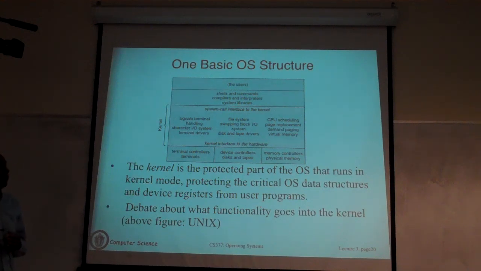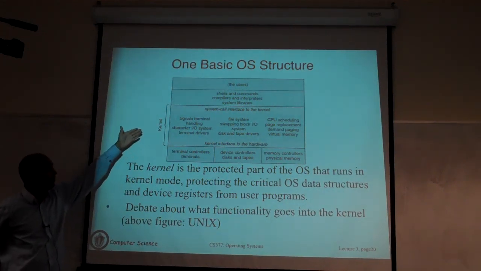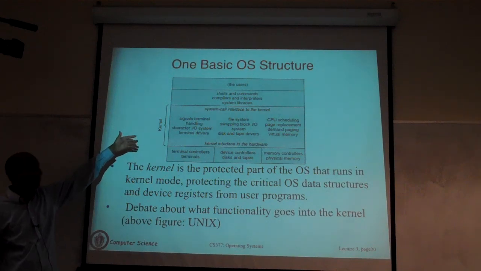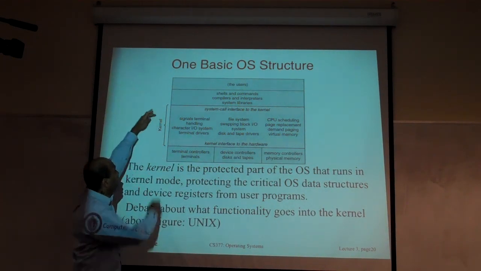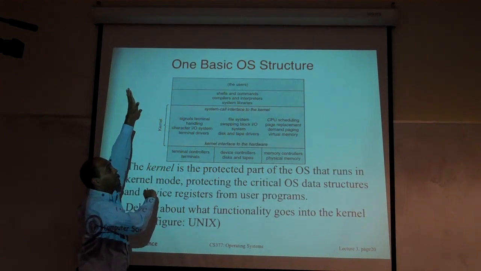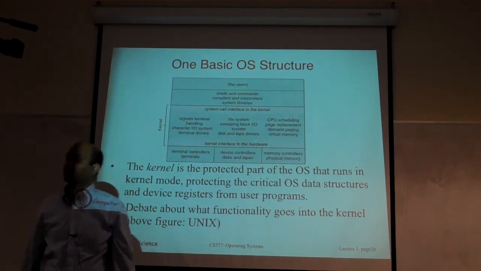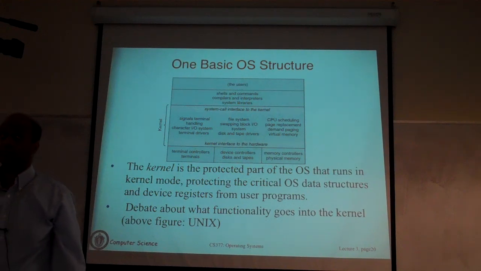Before I go into the various ways of organization, I just want to put up this picture, which shows the kernel and the various things that it has. Here you have the underlying hardware. This layer is the hardware. This is the OS kernel, and above this are the user processes, and this is the API that the OS provides.